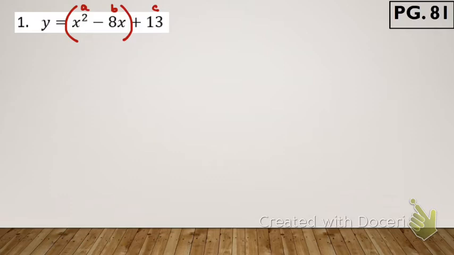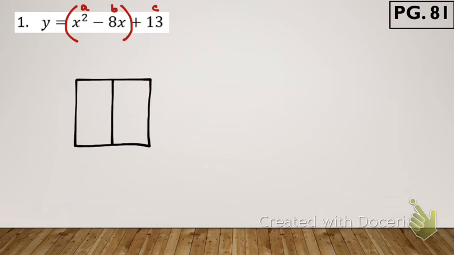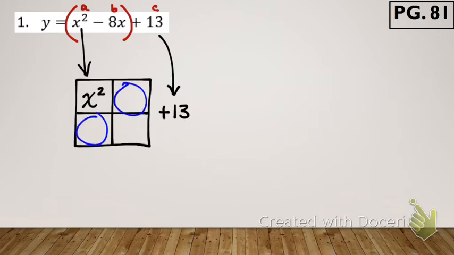The a and the b values are going to be used inside the square. c is not. So plus 13, I just bring straight down here. X squared, my a value, goes right in that box. What do I put in these 2 boxes? -4.